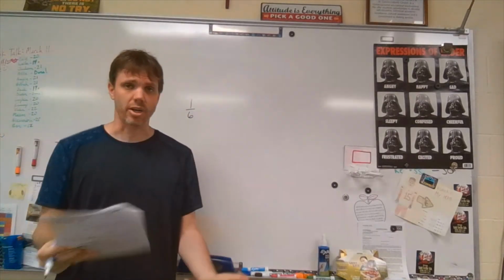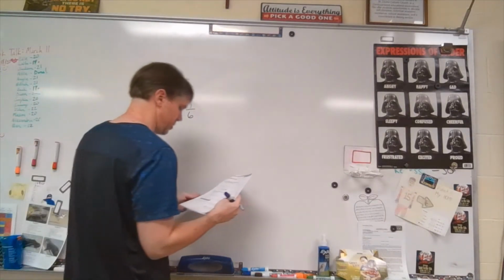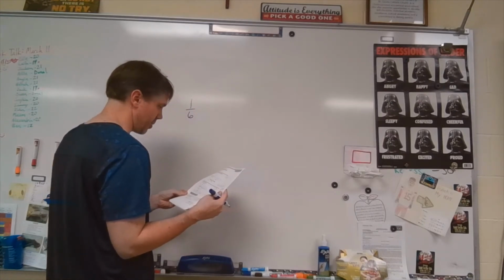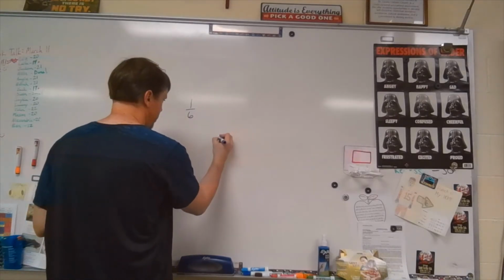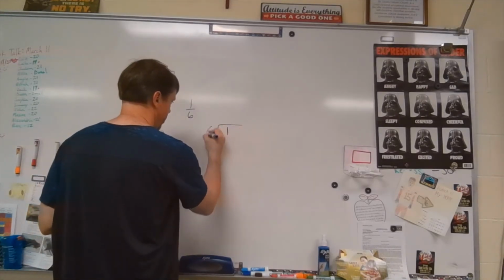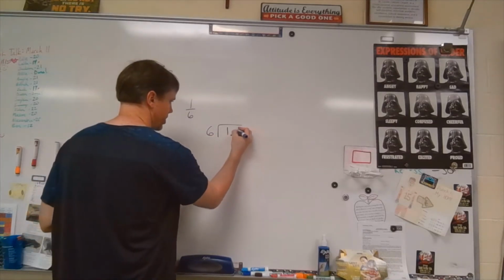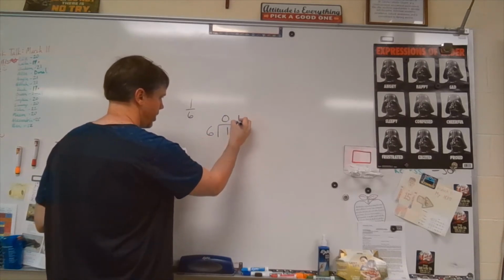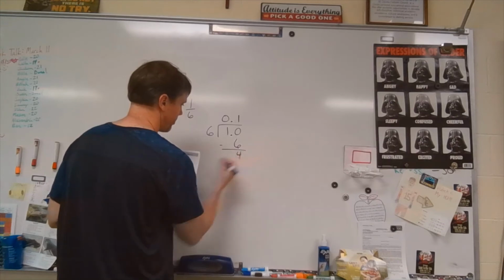Fortunately, though, you can solve this just the way I've shown you the last several of them. I don't know how many times 1/6 is going to come up, and I don't know if it's really worth memorizing. But that's okay. So we've got 1. We're going to divide by 6. This one kind of does a little bit different of a thing. Obviously, 6 doesn't go into 1. 6 goes into 10 one time, right? Put down a 1, subtract, we've got 4.